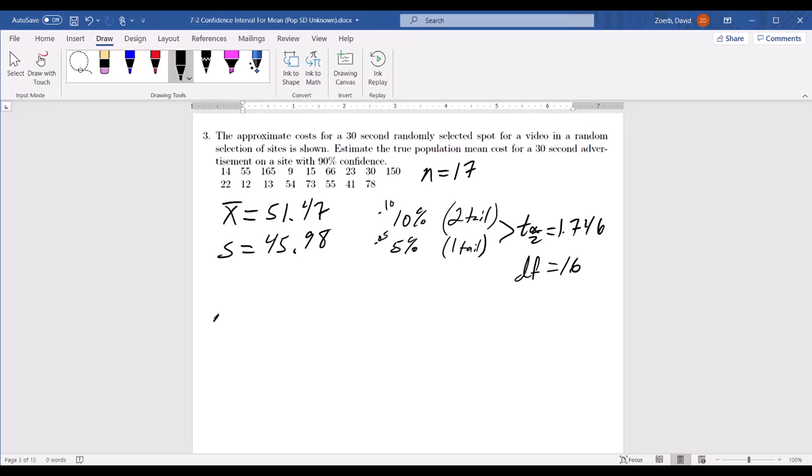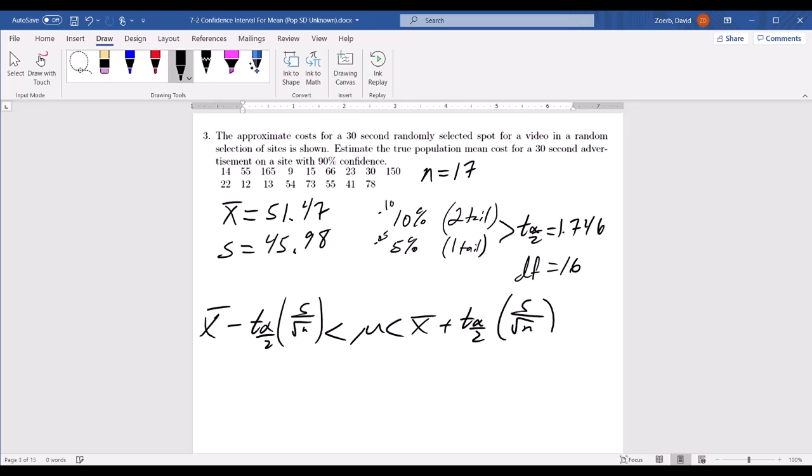Now write down the formula. And then plug in your numbers. So 51.47 minus my t-score, which is 1.746, times the quantity of 45.98 divided by square root 17.